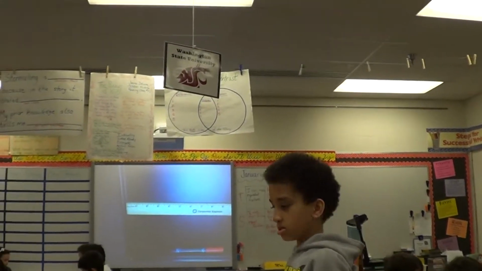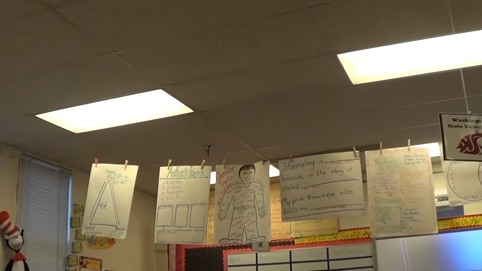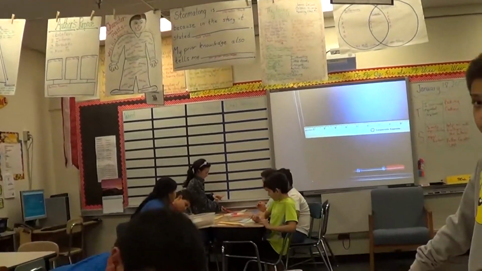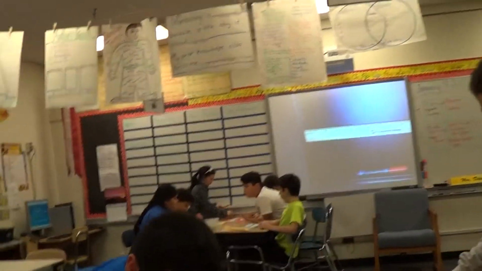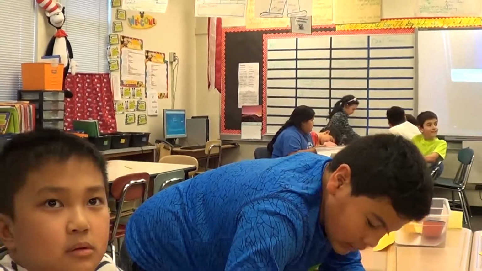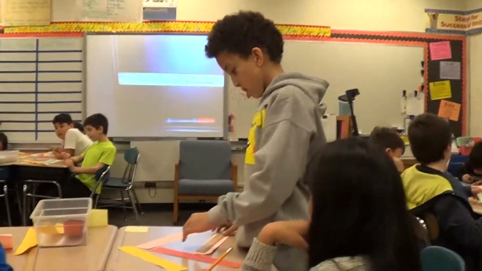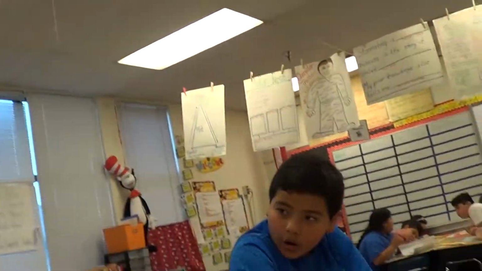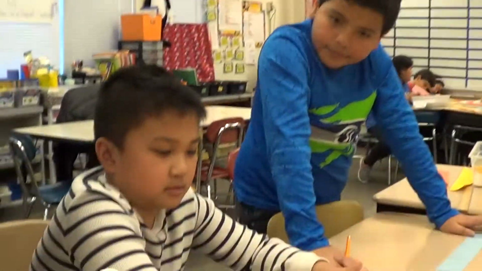How many inches? 3. Yep. And that's where you're going to do your multiples, right? So your multiples of 3 are 3, 6, 9, 12. Okay, so make sure that you have your inches on there and your fractions.